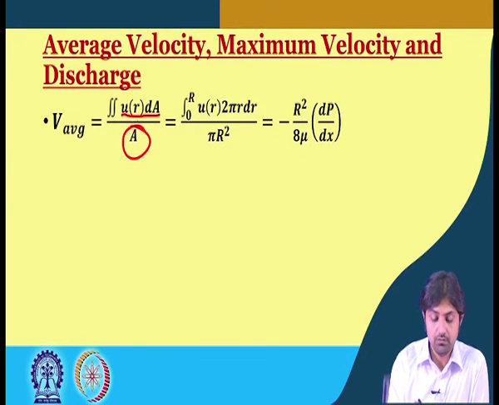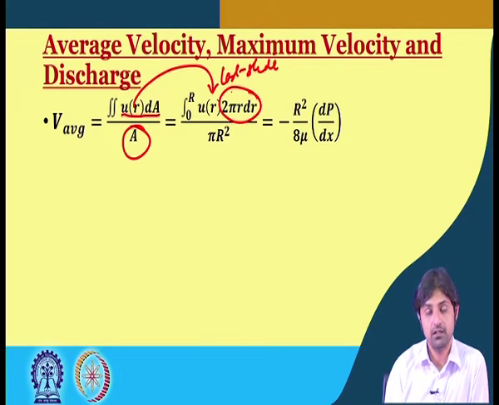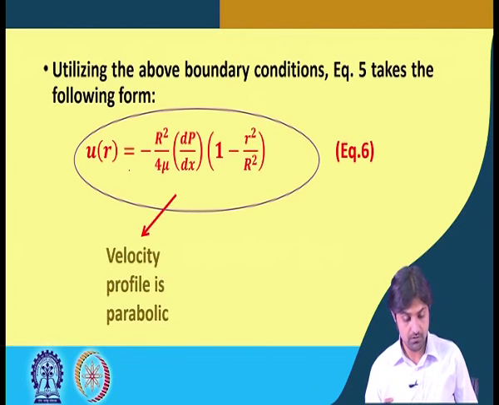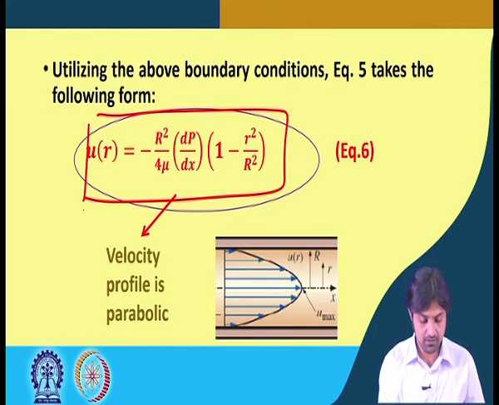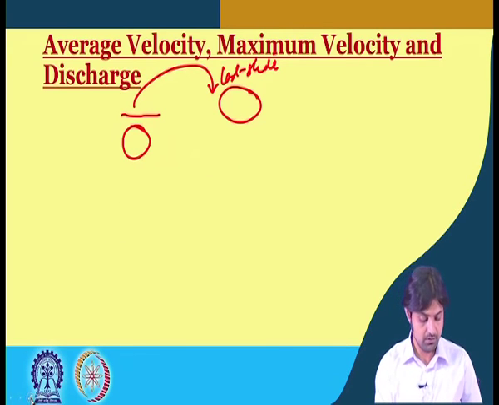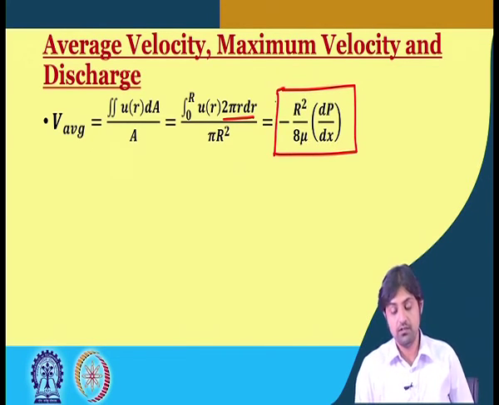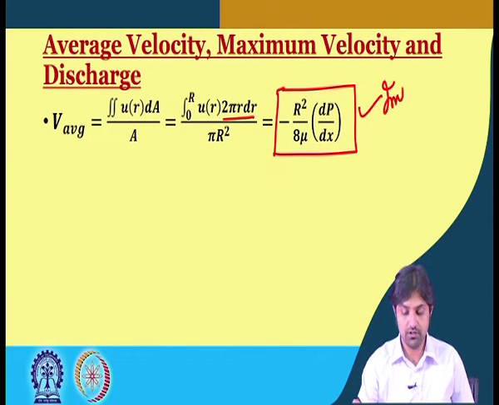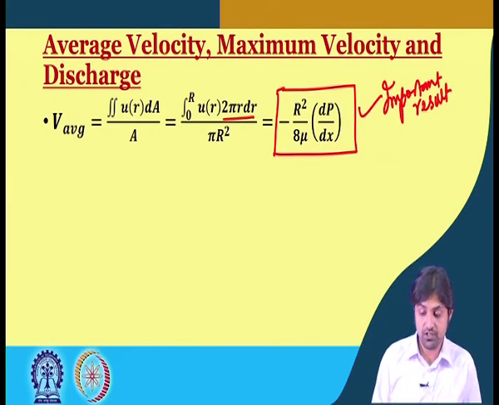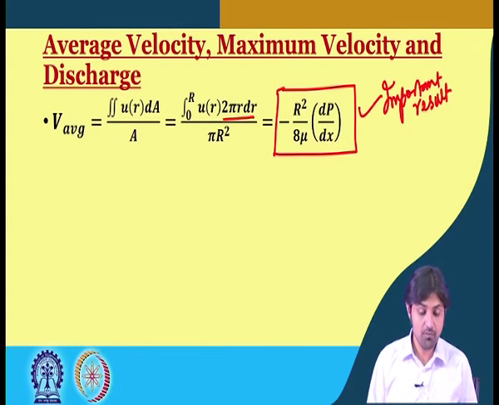If you put u(r) as what we obtained from the last slide, and the small element area is 2 pi r dr, then you obtain the average velocity as minus r square by 8 mu multiplied by dp dx. This is again important. These are some of the top things that you get in GATE as well. So now we have obtained the average velocity.